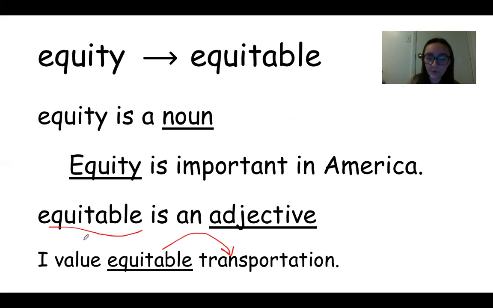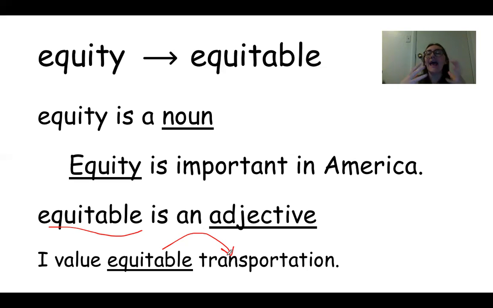But when we use equitable, when we add that able, it turns it into an adjective. So it turns it into a word that we can use to describe another noun. I value equitable transportation. Equitable is describing transportation. Now, you couldn't say I value equity transportation because you're putting two nouns together and making it sound like a name or a title.